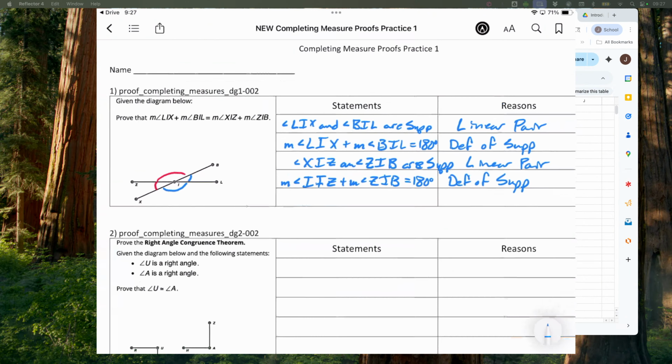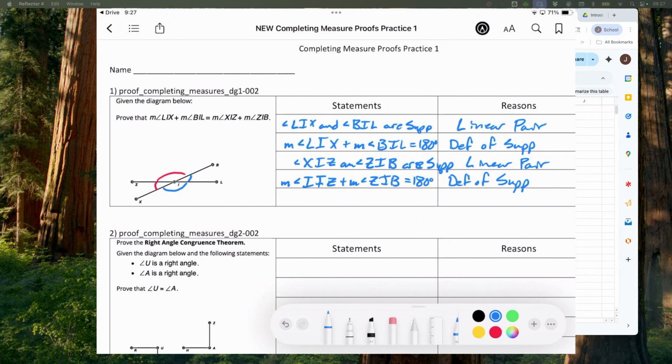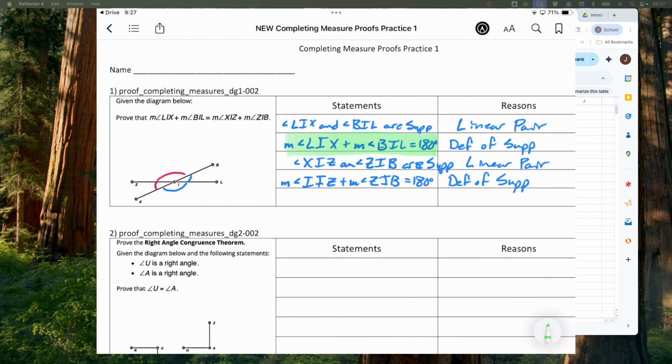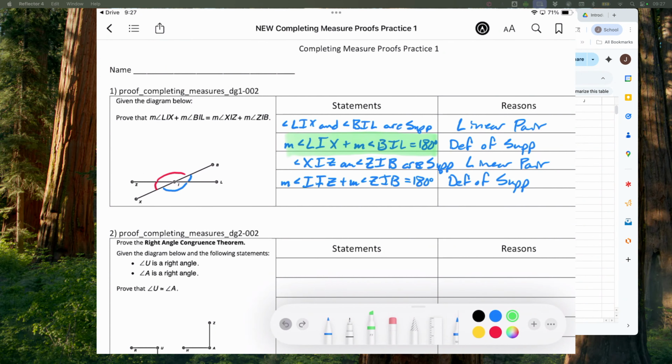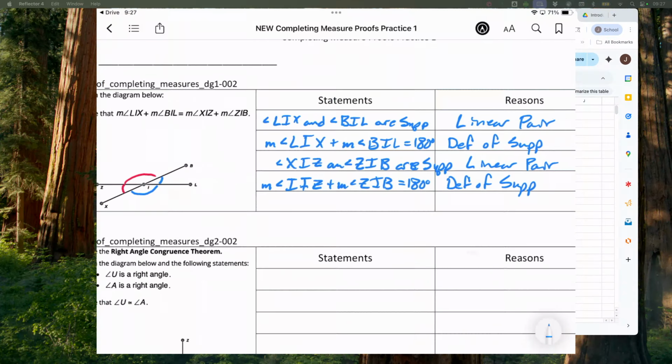Now, since they are both equal to 180, we can see that this one is equal to 180 and this one is equal to 180. Since they are both equal to 180, they must be equal to each other. That's the transitive property.